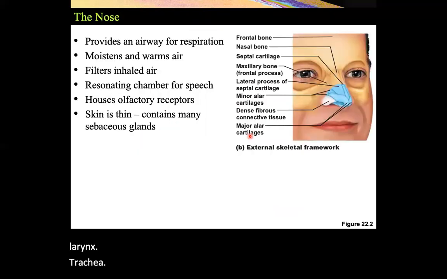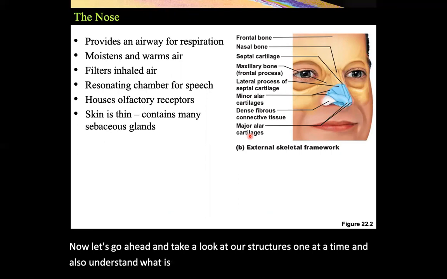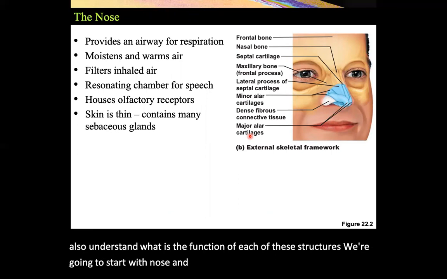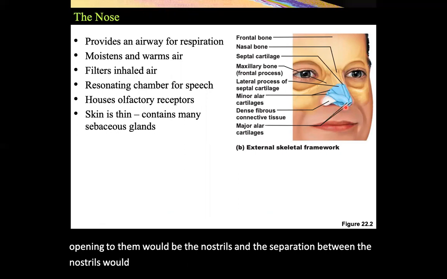Now let's take a look at our structures one at a time and also understand the function of each of these structures. We're going to start with the nose and nostrils. You have your nose, the opening to it would be the nostrils, and the separation between the nostrils would be your septum.